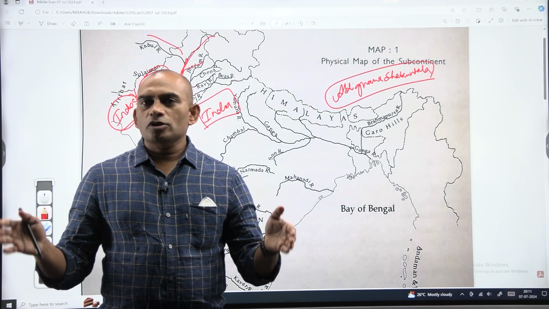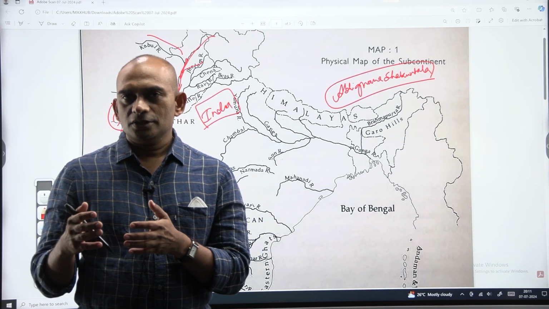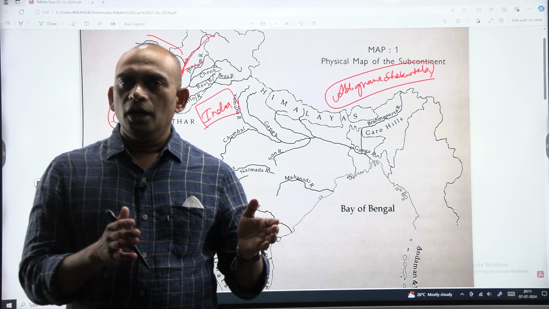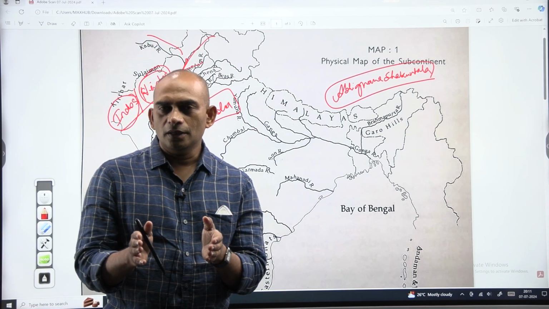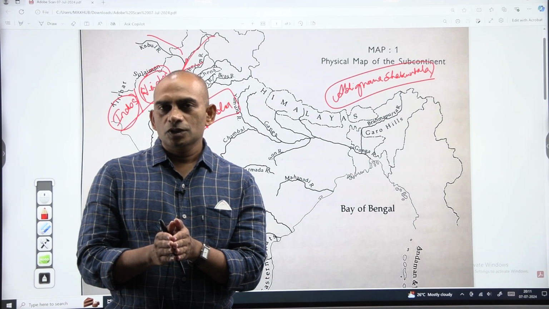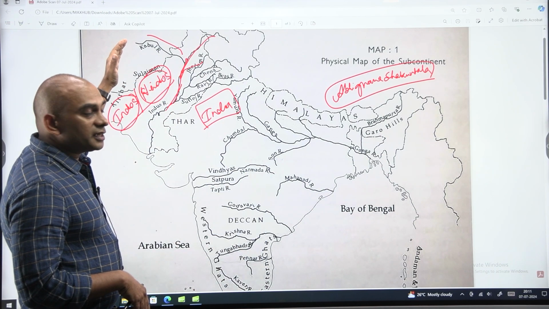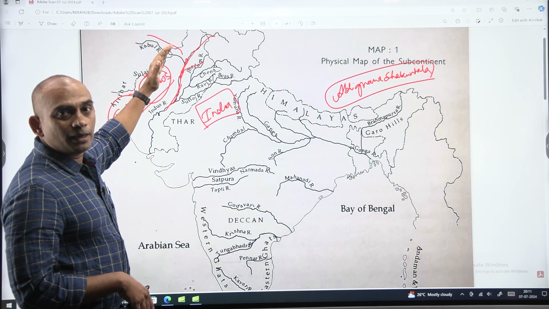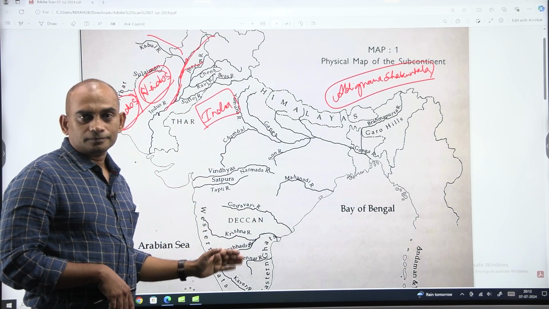And in this process, mingling of various cultures, various new tendencies began to develop in India. So that means various rulers and various people came from northwest and they settled in India.